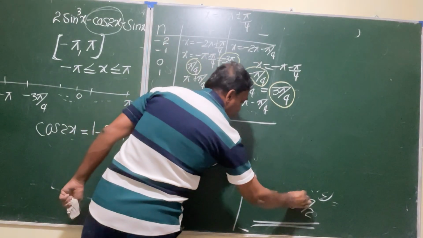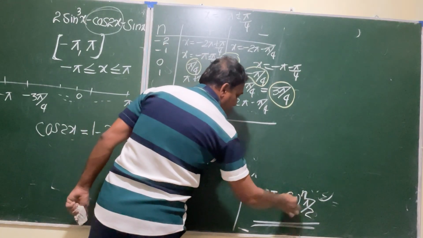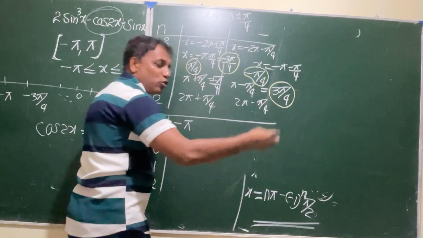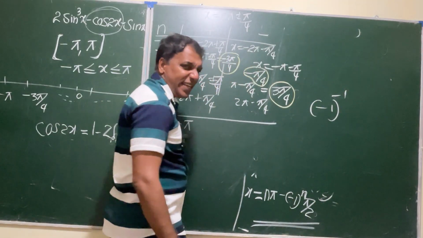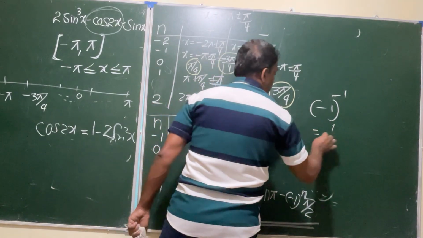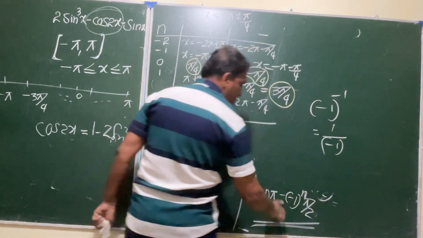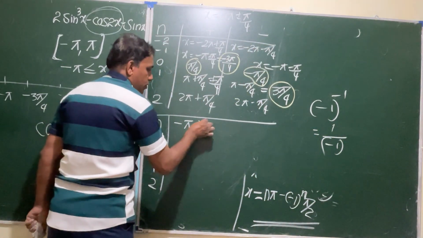If n is minus 1, that is minus 1 to the power minus 1, which is 1 over minus 1, so minus 1, giving minus pi plus minus pi by 2.